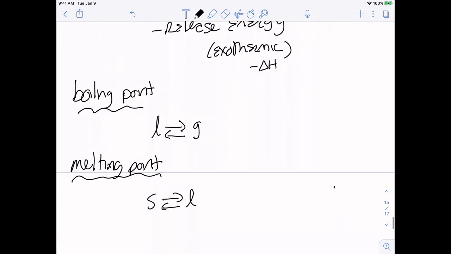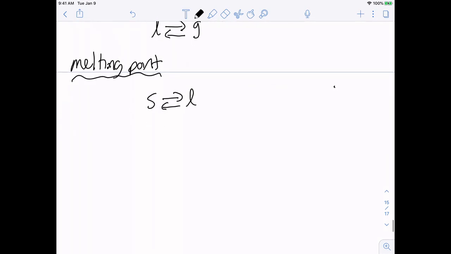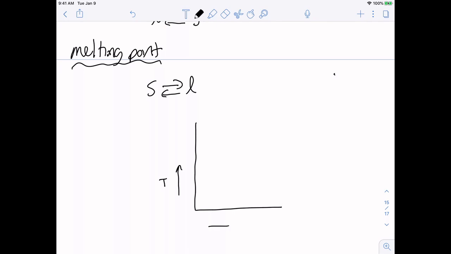And then again, remember, these are points where it's actually kind of stable. We could look at a quick graph, if I have temperature increasing on my y-axis and then just heat absorbed on this axis, as we go up, it kind of levels off. Those are my boiling points and my melting points.